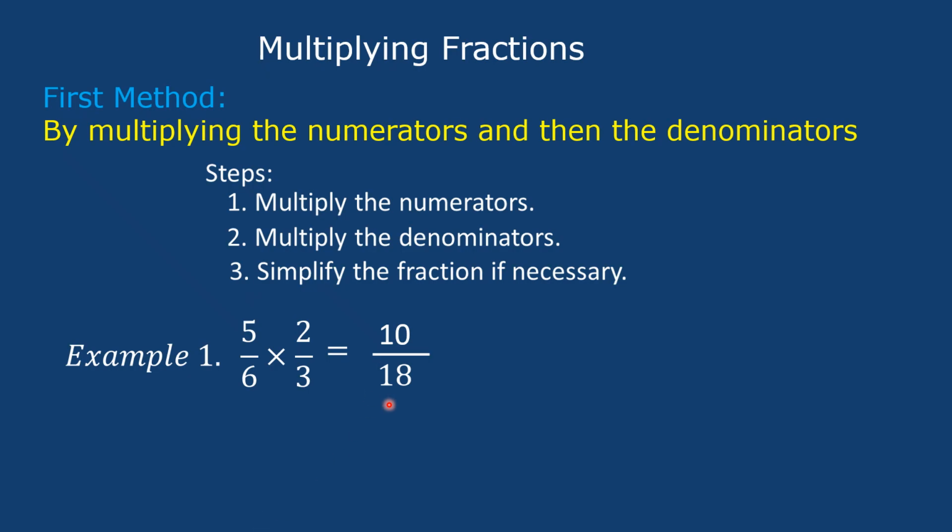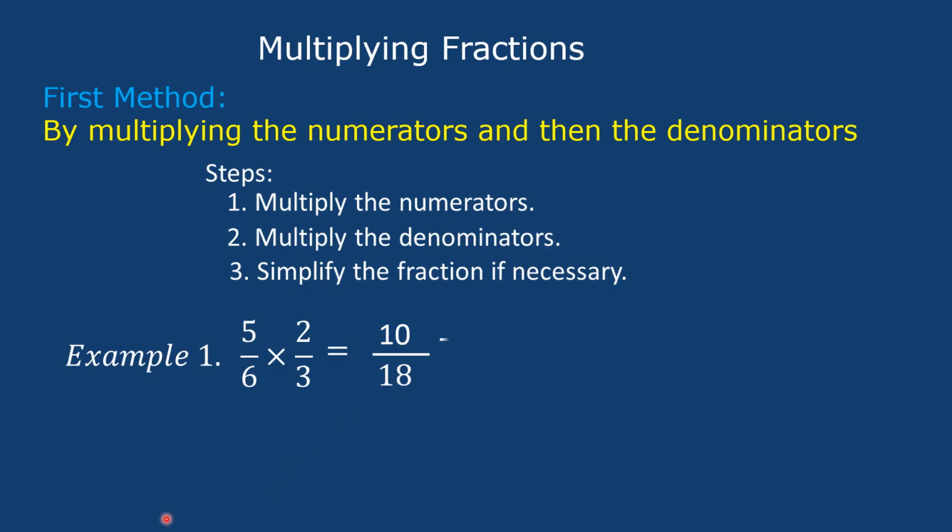10 over 18 is not yet in simplified form. So we are going to simplify it by dividing the numerator and the denominator by their greatest common factor or greatest common divisor. The greatest common divisor of 10 and 18 is 2.